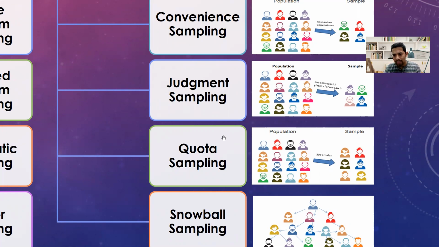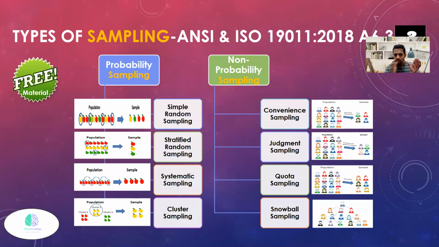Quota sampling means you take only specific genders, ethnicities, or one particular diverse group. Another is snowball sampling, where there's a hierarchy, like top management to leadership. So there are two types: probability sampling and non-probability sampling.